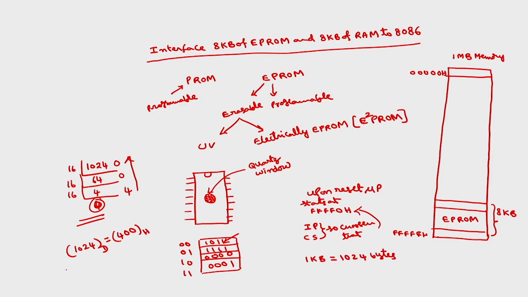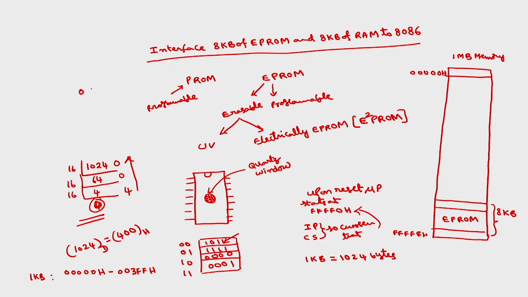Suppose I start with 00000H, one less than this, 003FFH, will represent 1K, because 0 to 3FF means a total of 400, since you are including 0.